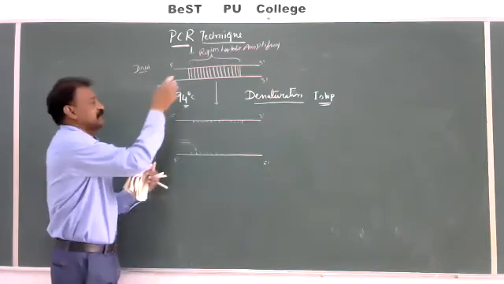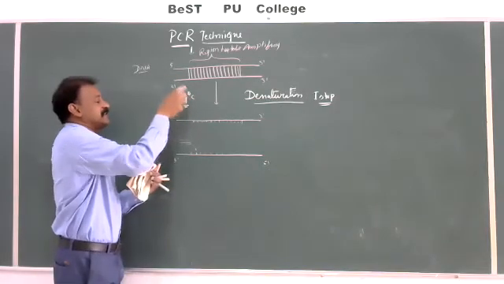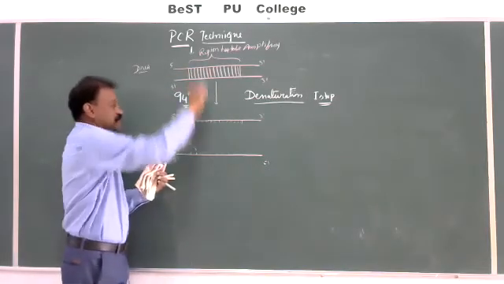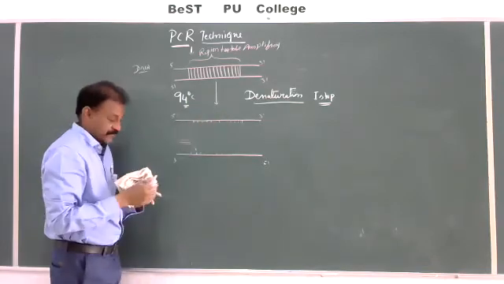This process, which maintains 94 degrees centigrade, is denaturation, which splits the strands. First step.